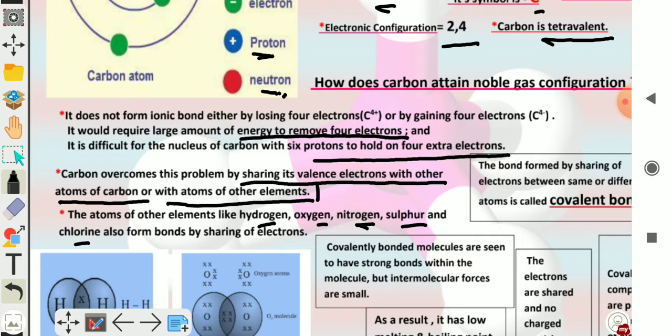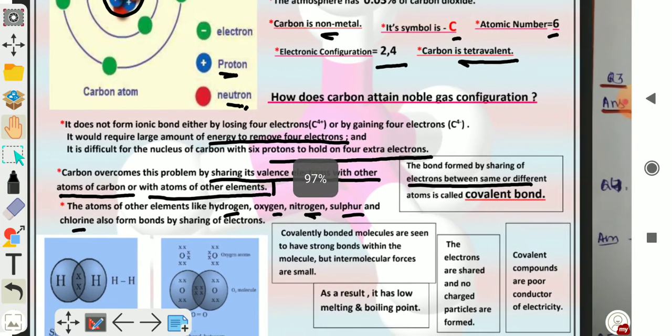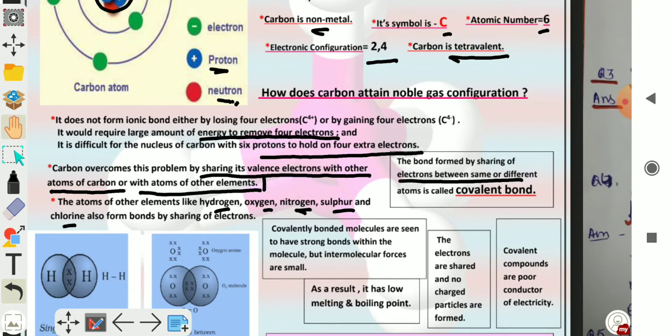The bond formed by sharing of electrons between same or different atoms is called a covalent bond.